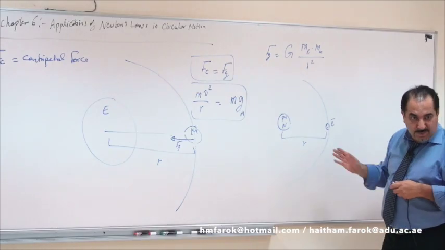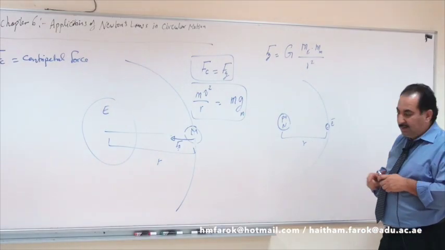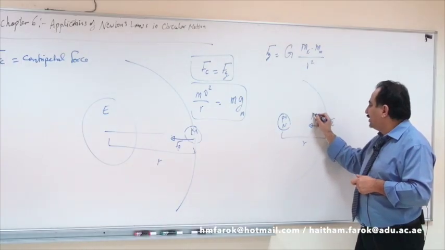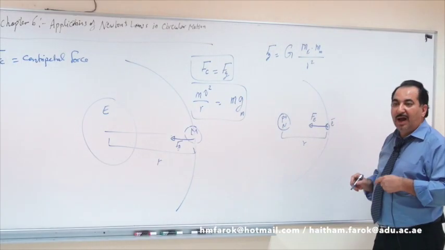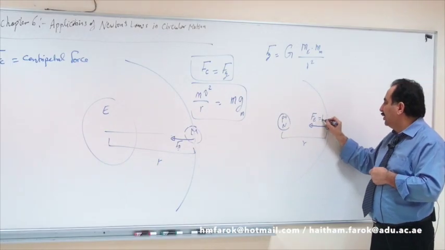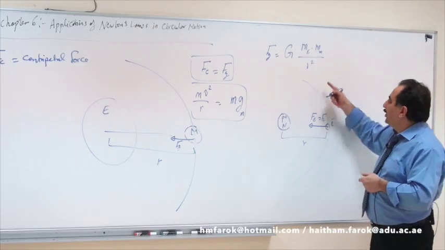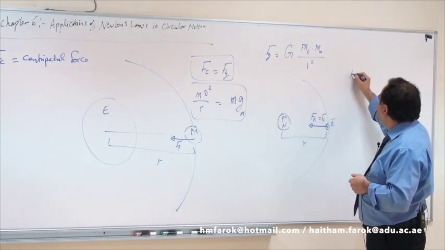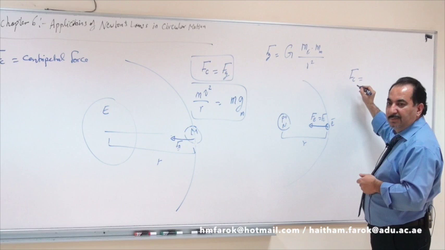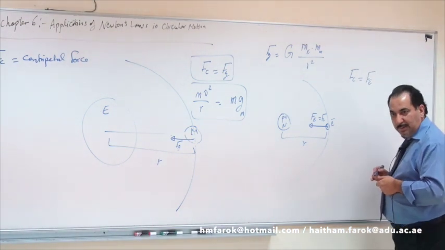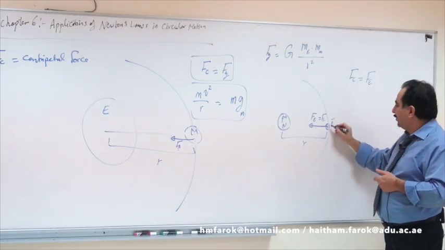Electric force, not magnetic force. Attraction. Which way is the attraction? Towards the center, yeah? So this is what? F electric. And this F electric is what? Fc or F net. So what do I say in this case? I say Fc comes from electric force. No other forces on the electron.